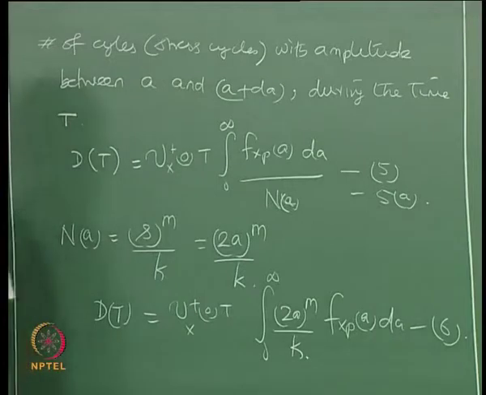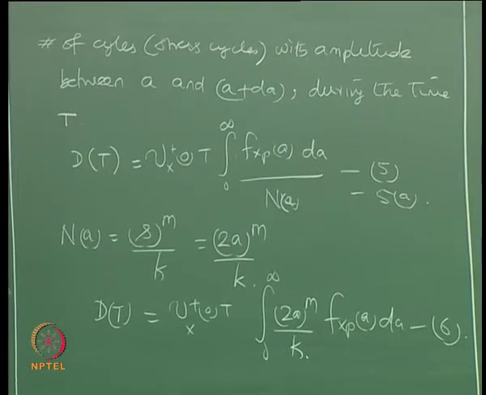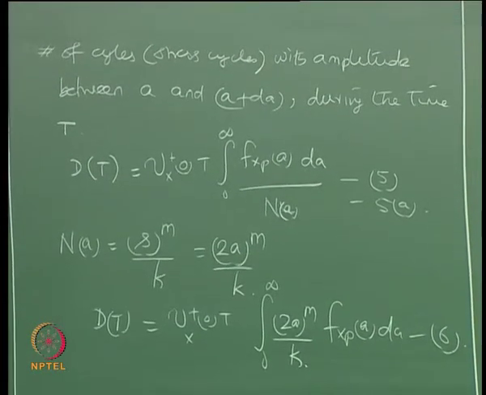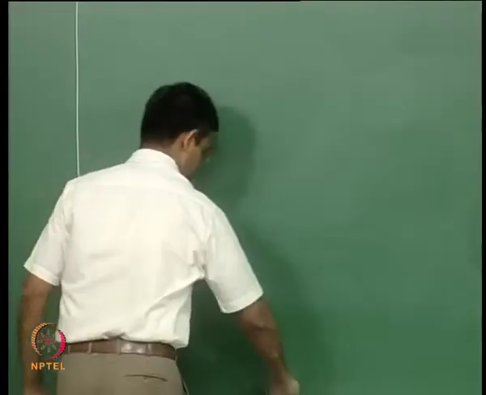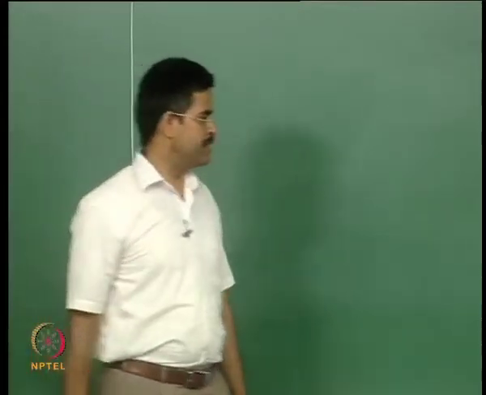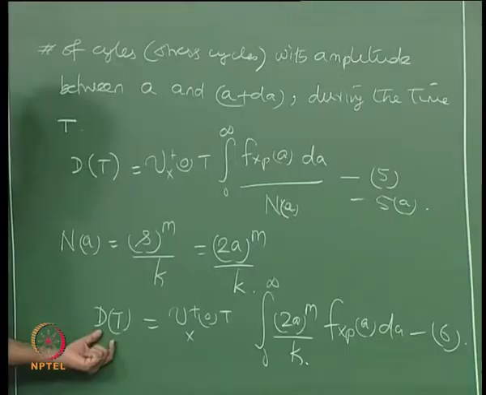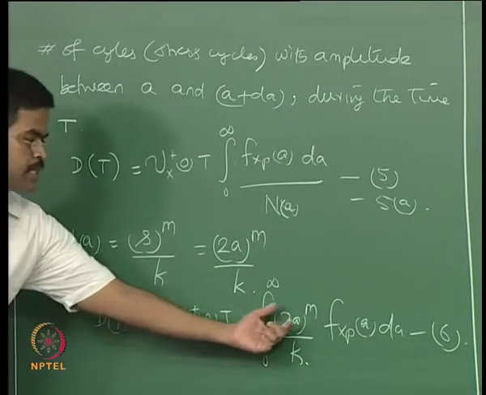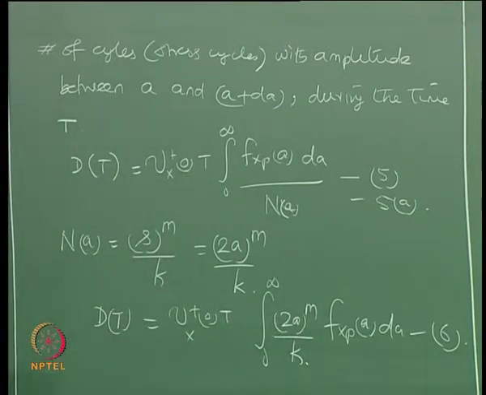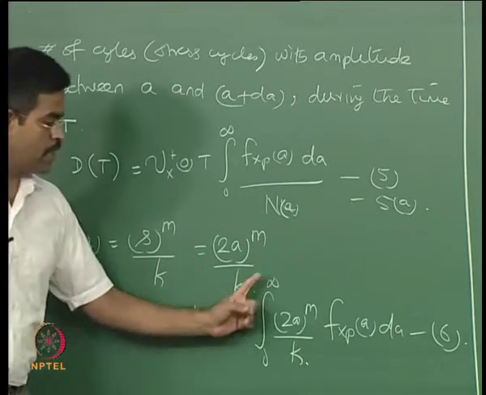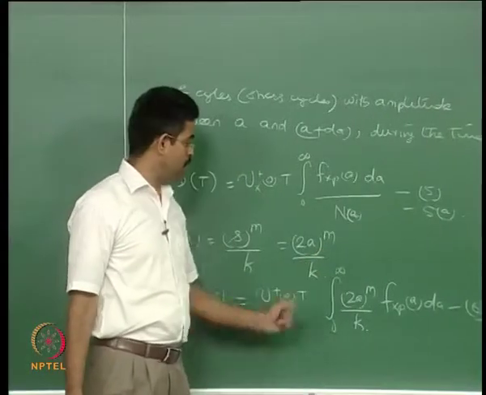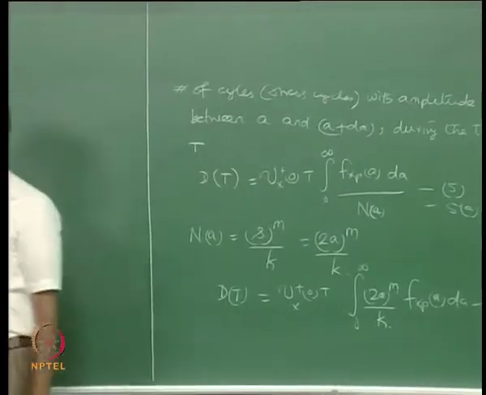Let me call this equation 6. Now, having said this, let us look at equation 6, substitute for these variables and try to evaluate this function for a variable range from 0 to infinity in the integral domain.